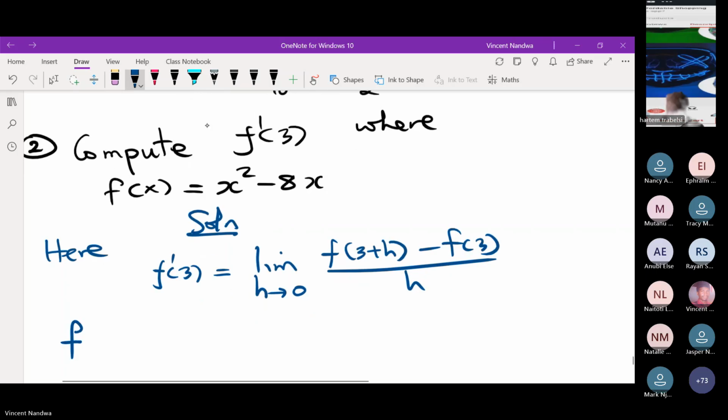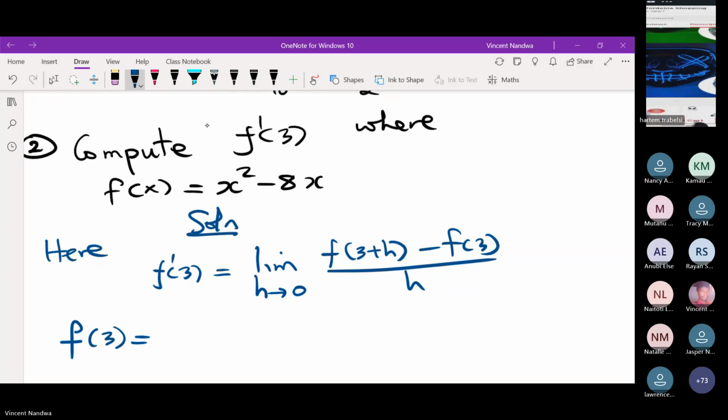So can you give me the value of f at 3? f at 3 means we replace x by 3. What would be the expression for f of 3 without simplifying?